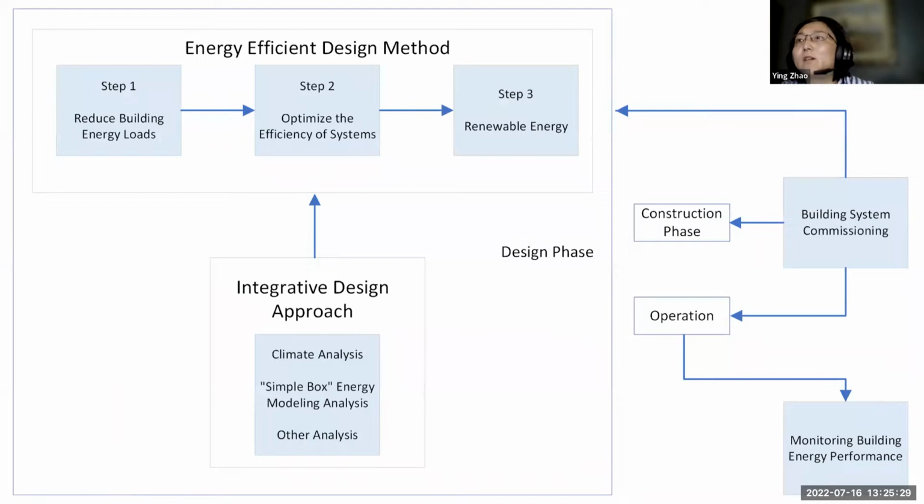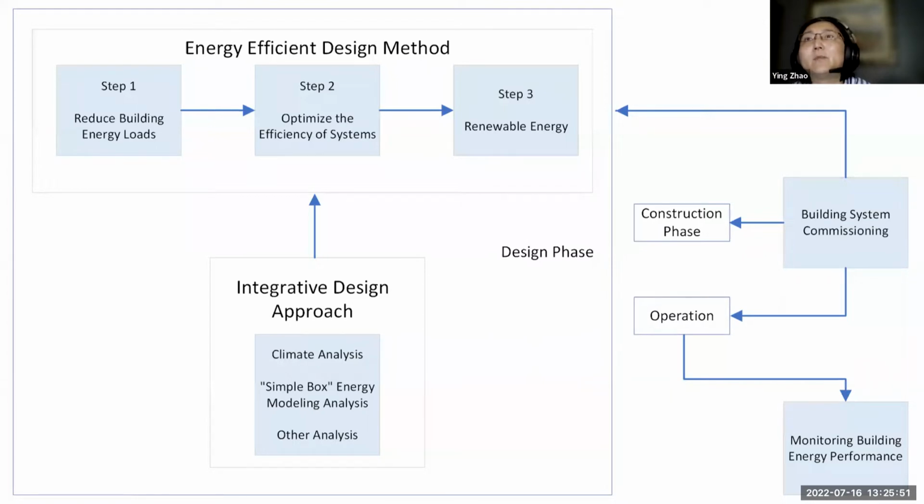So here is the chart we talk about today, the energy efficient design method. We basically have 3 steps for a typical energy efficient design in the building.